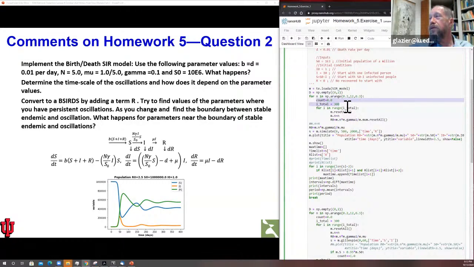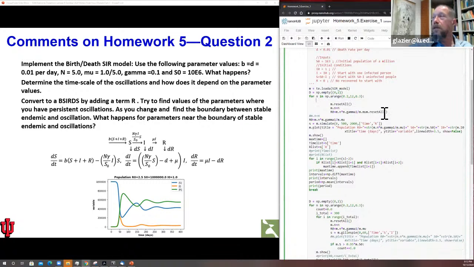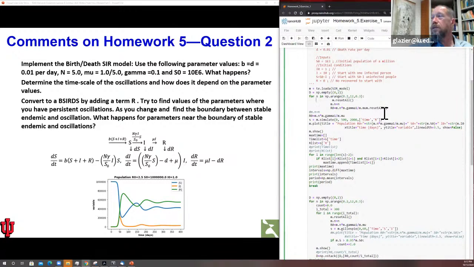I don't need my count or my I total or any of this because I'm only running it once. I'm not doing stochastic anything anymore. I need to do my reset. I need to set my value of n. I need to calculate my value of R naught.